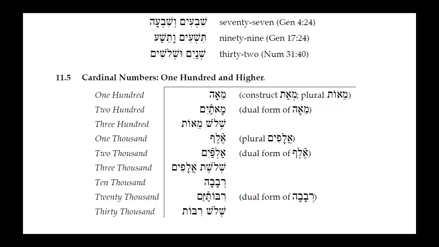This is what they call geminate noun usage. All right, so that would be 20,000, Ribotayim. And then 30,000 is shalosh ribot. This is mainly 1,000, but it's in the plural, and then shalosh is in the singular. So 30,000.